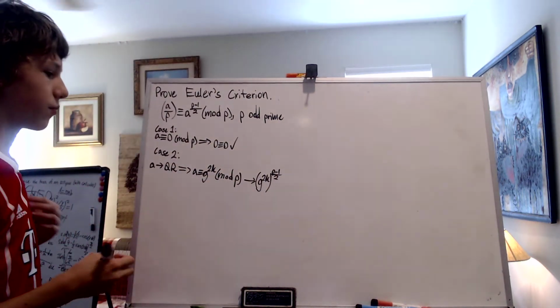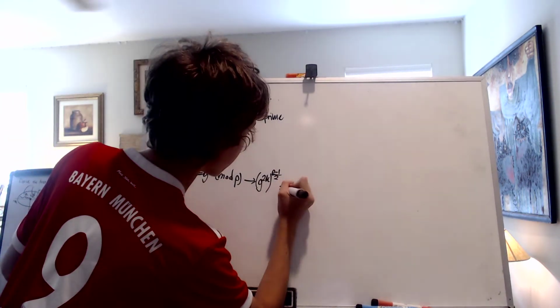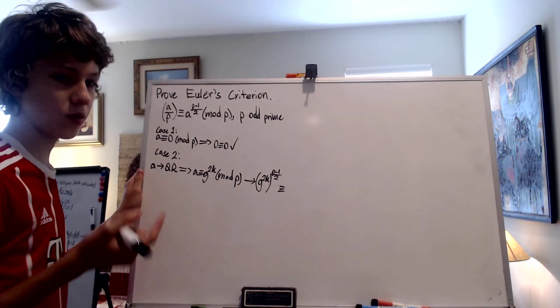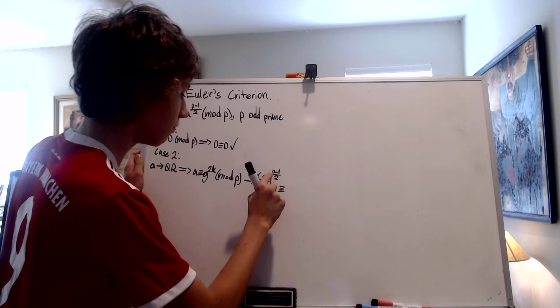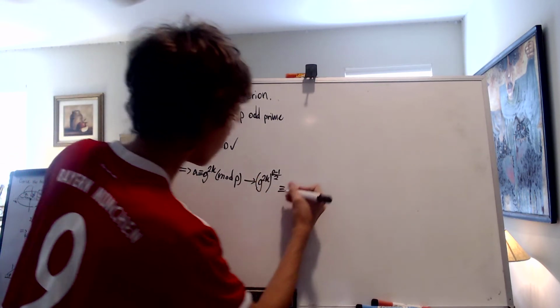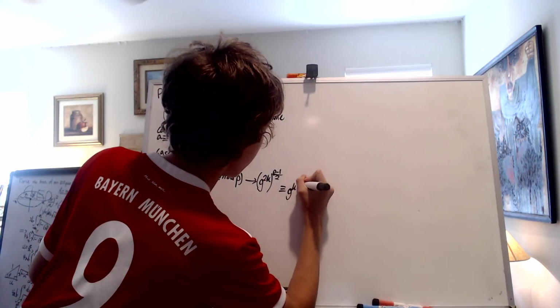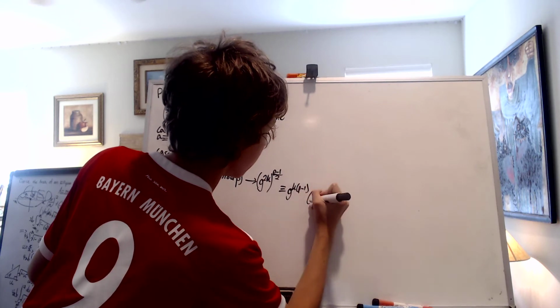I'll just write that out to be clear. Right? We can't forget the parentheses. But notice that that's basically just equal to, we're not using any congruence facts in this manipulation, if we just multiply the powers, g to the k times (p minus 1) mod p.